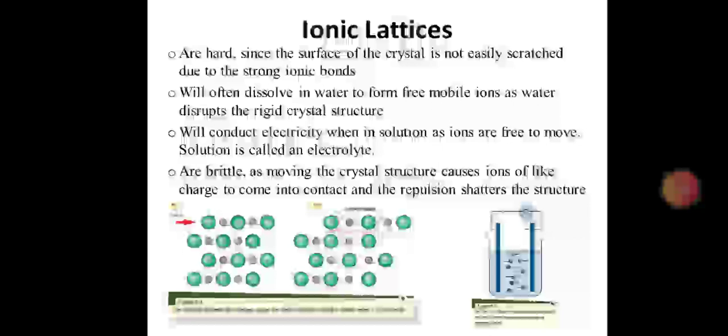This is an electrolytic cell shown in front of you. We'll talk in detail about the conduction of electricity by ionic compounds in chapter number 7, but still you need to know that when ions are free, when they are dissolved in water, these ions are responsible for conducting electric current, so that makes them good conductors of heat and electricity.